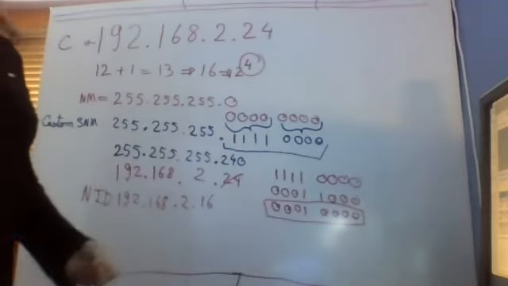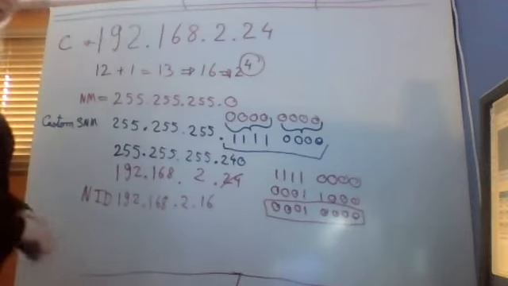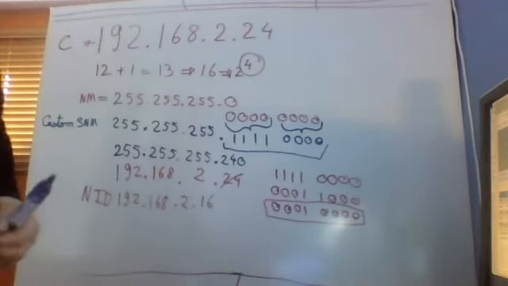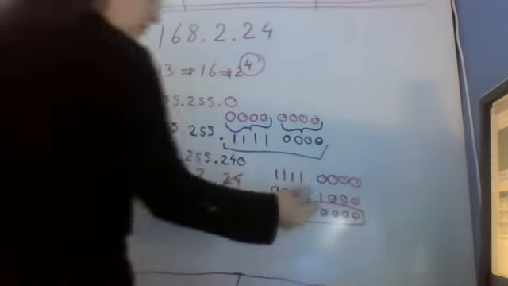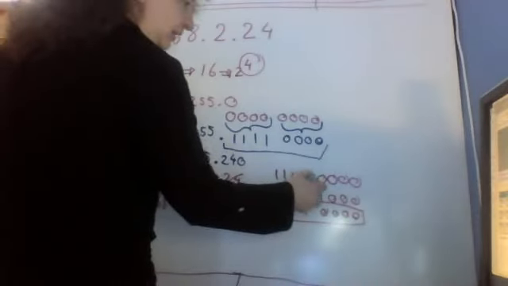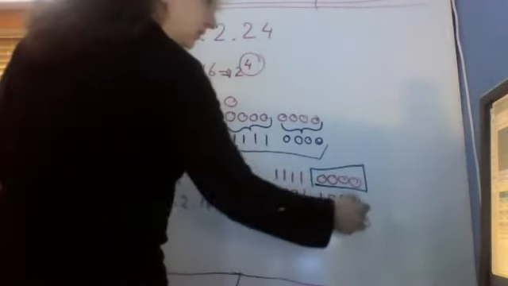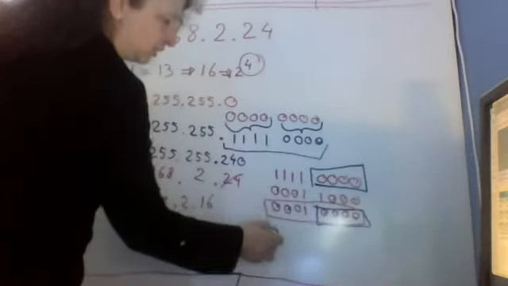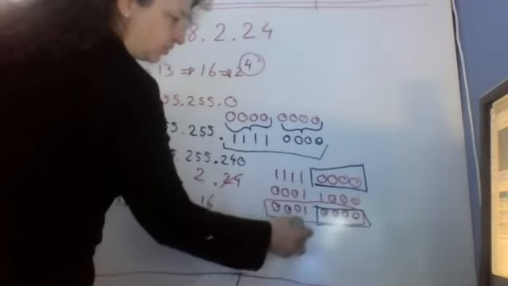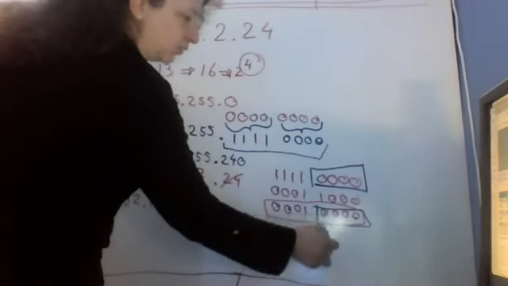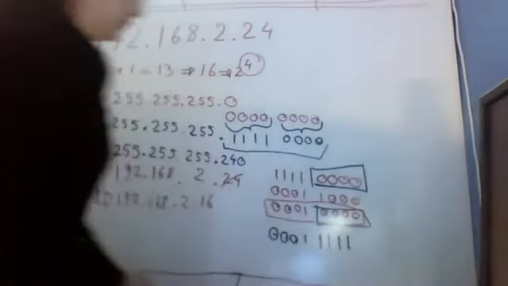So what does that represent? It represents that this portion here of the hosts is going to max, right? So it's 0, 0, 0, 1, and then 1, 1, 1, 1.